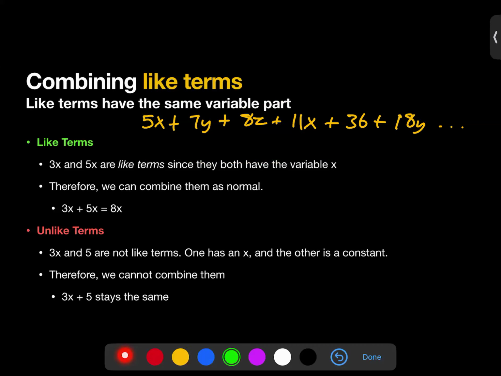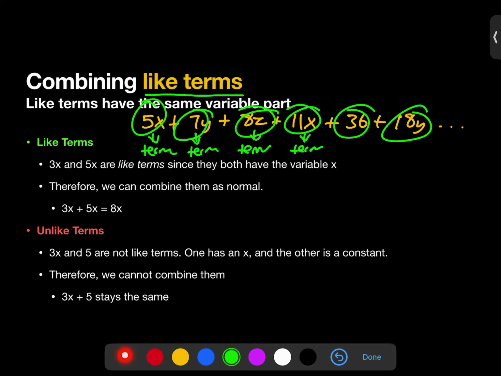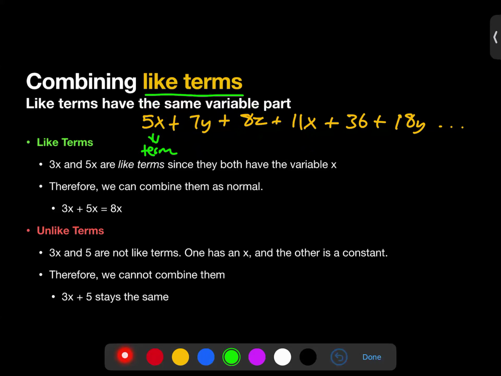So this is when we have to understand the concept of like terms. So remember, this is a term, this is a term, this is a term. So all of these pieces are terms of the expression. So there are two types of terms.